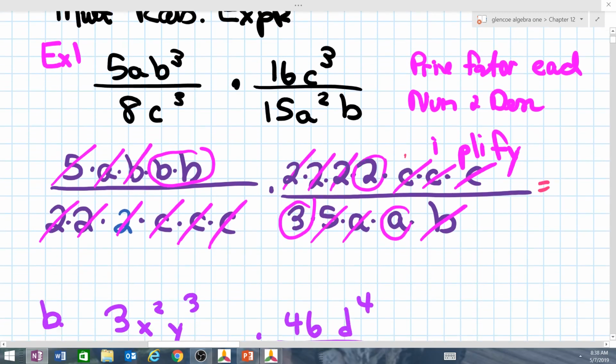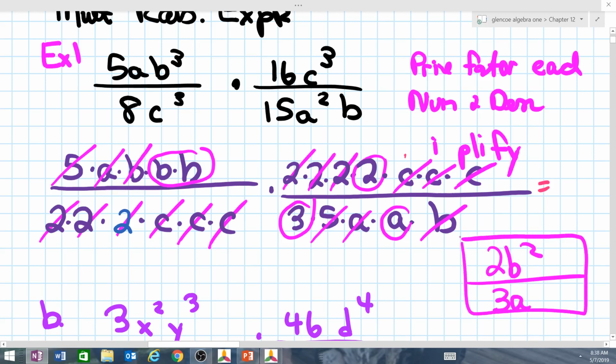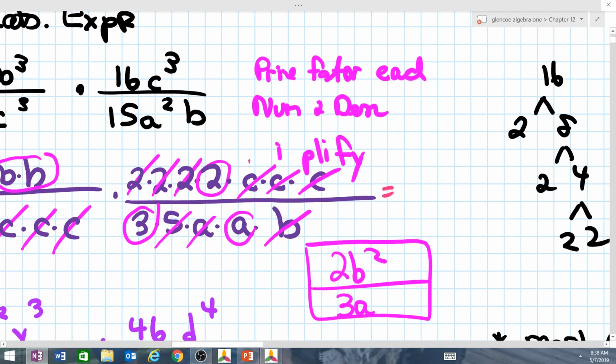What's left in the numerator? b times 2, or what? 2b squared. And in my denominator, what's left? Just 3 times a, or 3a. It's not much different than what we've been doing, except that we're just adding that multiplication feature.